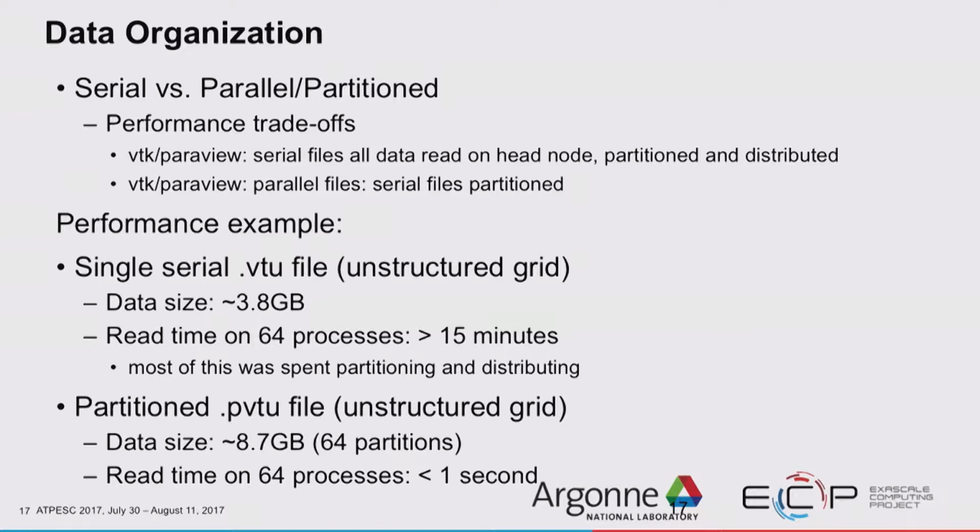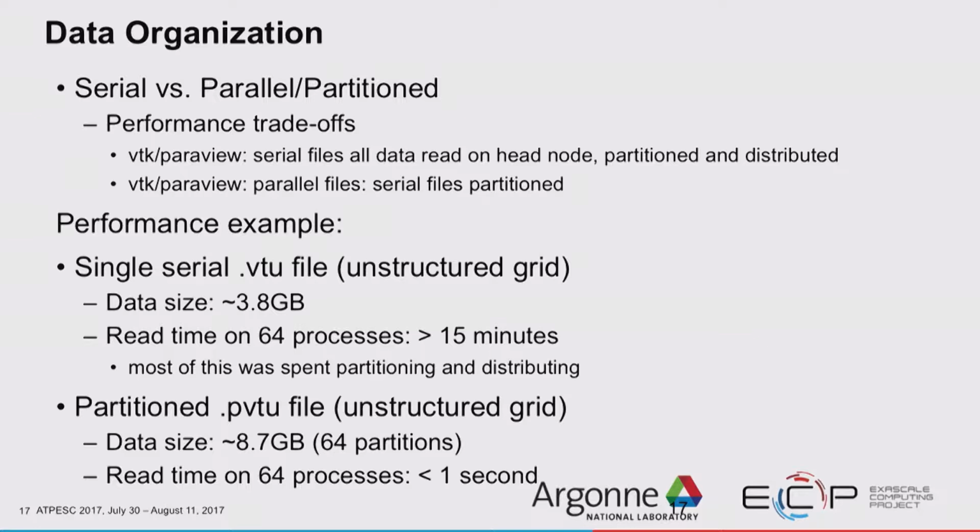It depends on how each individual reader was implemented, but in general, serial files are generally read on the head node and then partitioned and distributed if the data is not already partitioned initially.